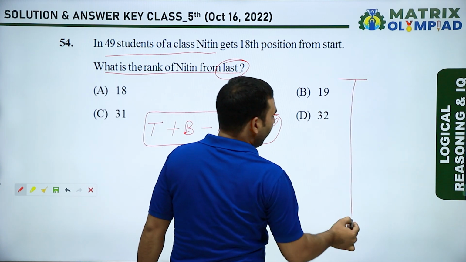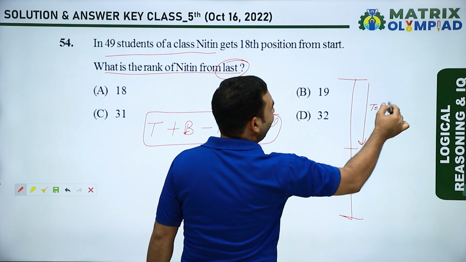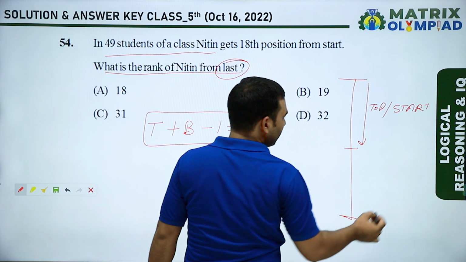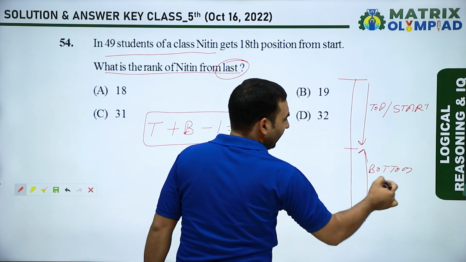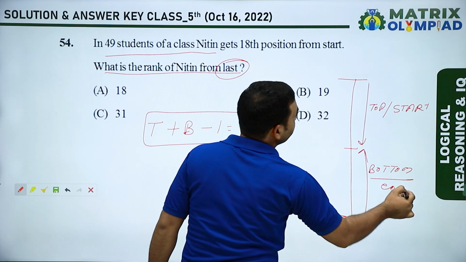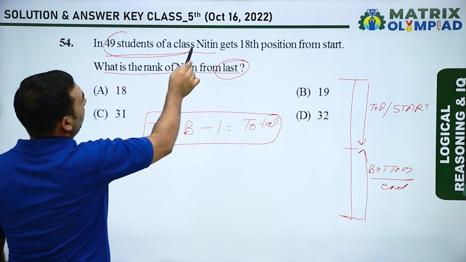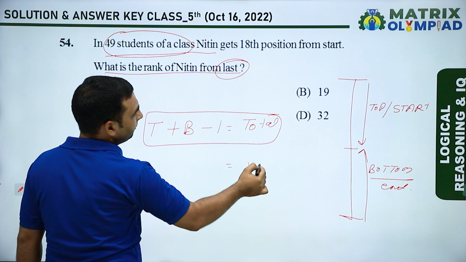If we make a row, that is top, and the second side is start. On the same line, that is called bottom and end. In 49 students of a class, the total number of students is 49.